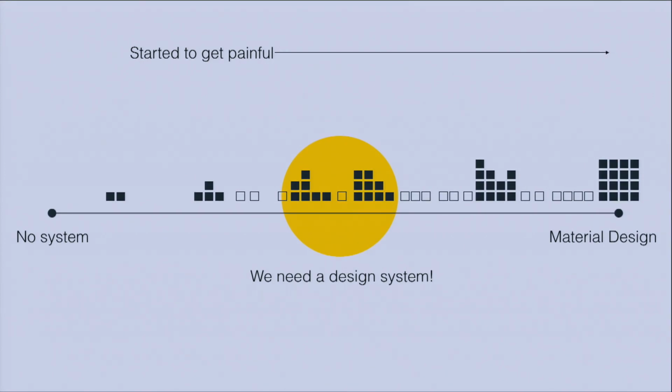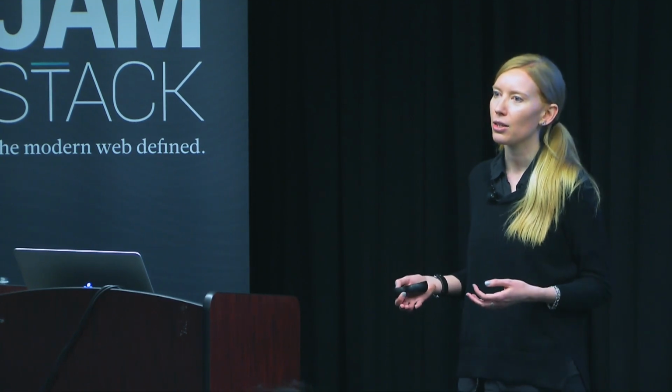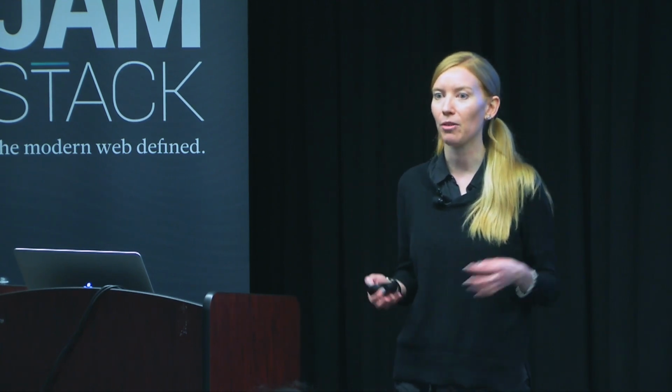In the early stages of a design systems team, it's really important to do things that solve the biggest pain points fast and make an impact, because you do need to win friends and influence how people write CSS. So that's how things happened at GitHub. We had to feel a bit of pain before enough people were like, right, we need to do something about it. Try not to let it get to that state in your company.